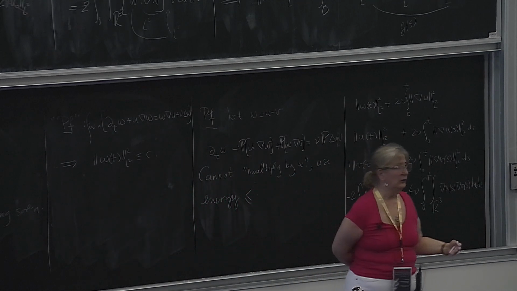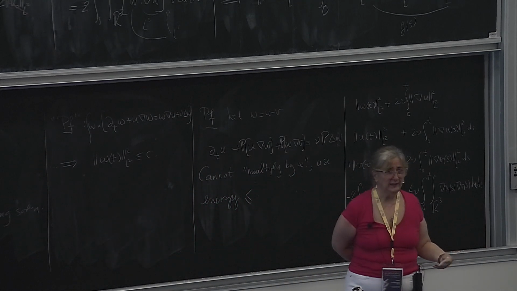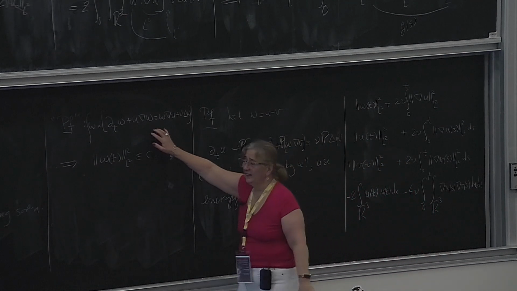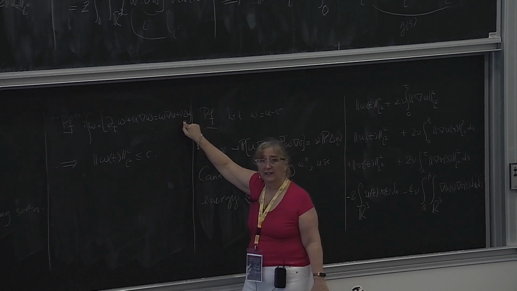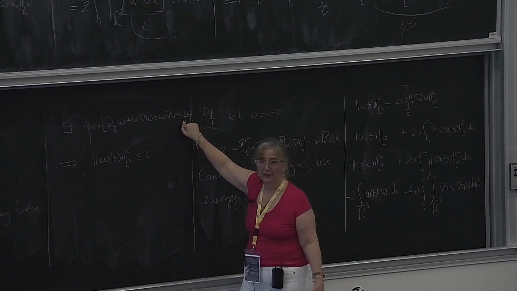Once you know the L2 norm of the vorticity is bounded, then you go back here and use parabolic regularity to show that the gradient of omega is integrable in L2, L2.